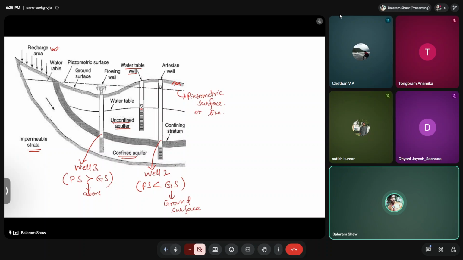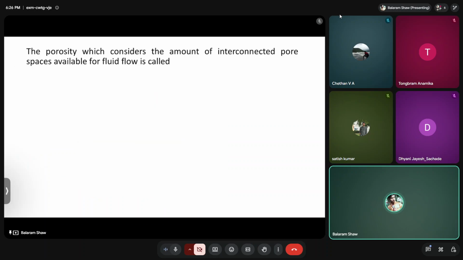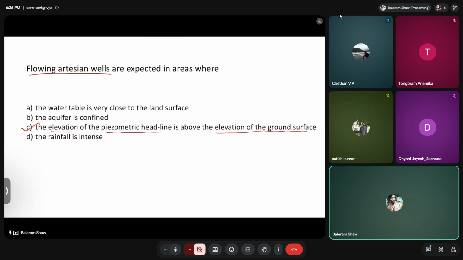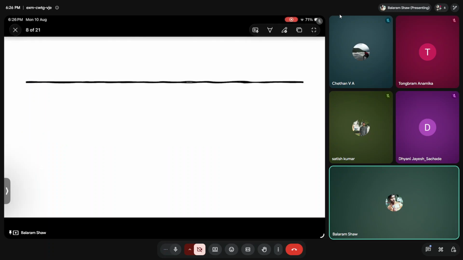Okay, so moving on to porosity. First, let me explain a little and then we'll move on. One of the important characteristics or index properties of soil materials or the subsurface layer is the porosity.